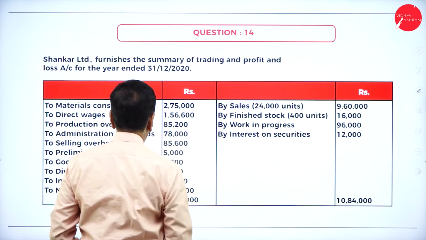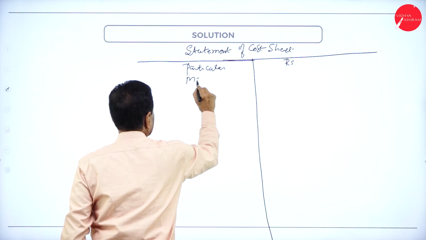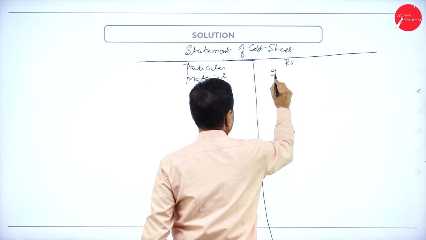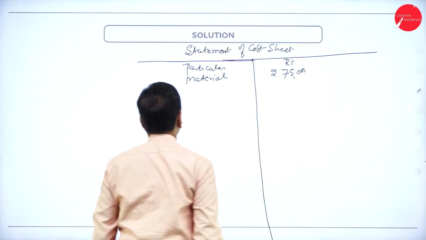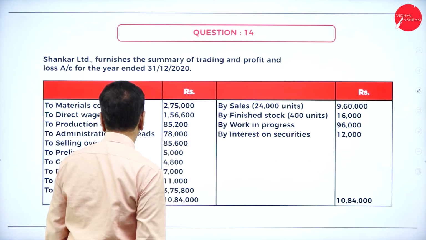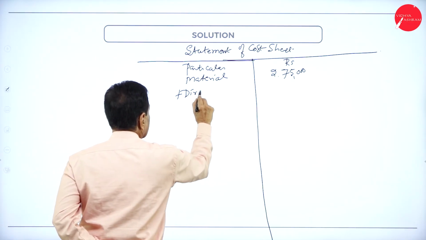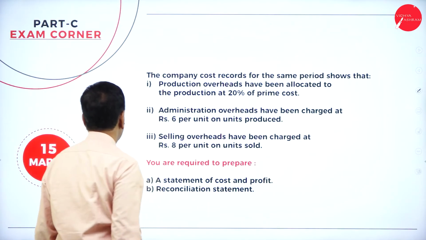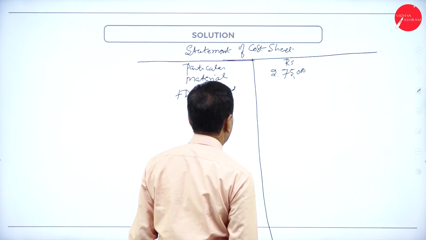What's the direct material? Material cost 2,75,000. Then direct wages 1,56,600.